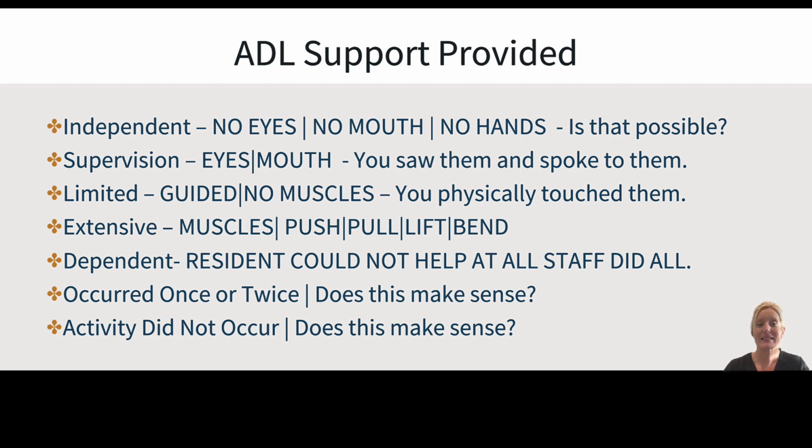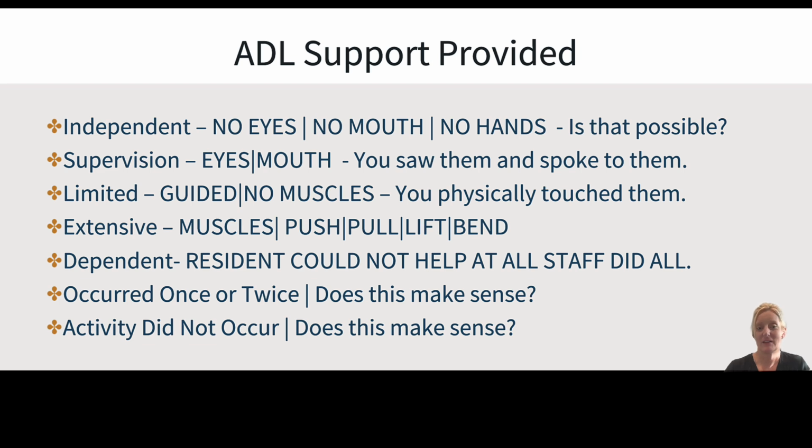Limited assist is guided movement. You physically touched the patient but did not support weight. Extensive assist, you used your muscles to push, pull, lift, or bend. And then dependent, the resident could not help at all. Staff did everything.